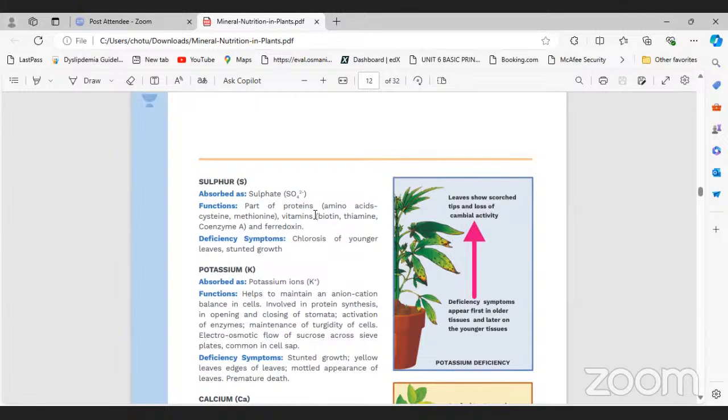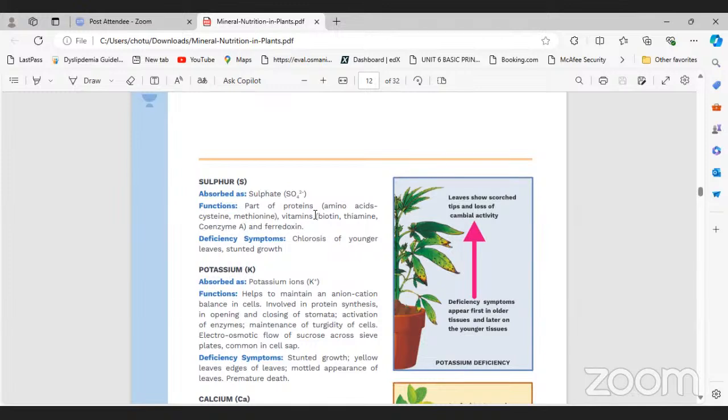The function of sulfur: it is absorbed from the soil as sulfate ion. It is used in the formation of sulfur-bearing amino acids, for example cysteine and methionine.